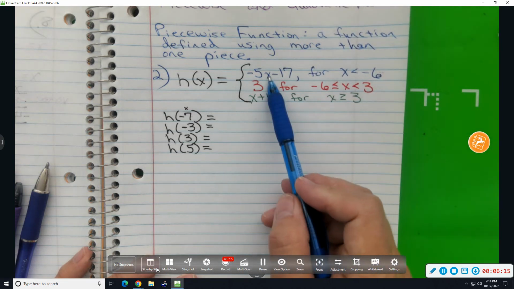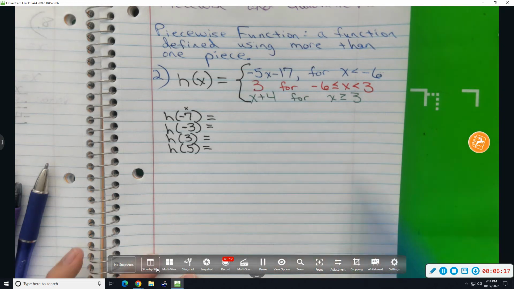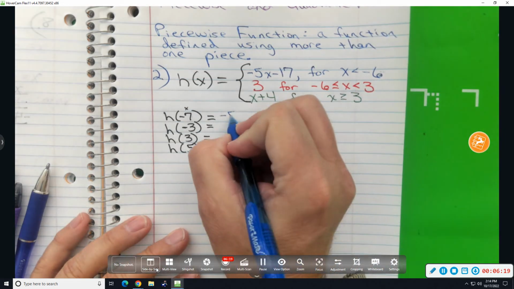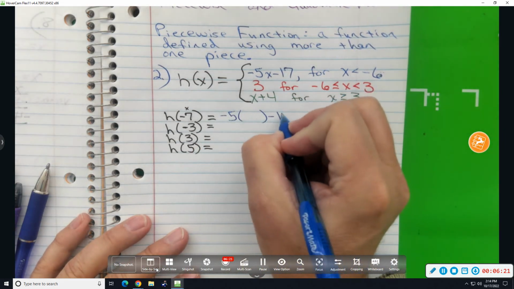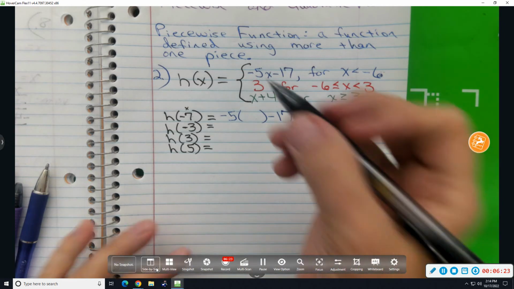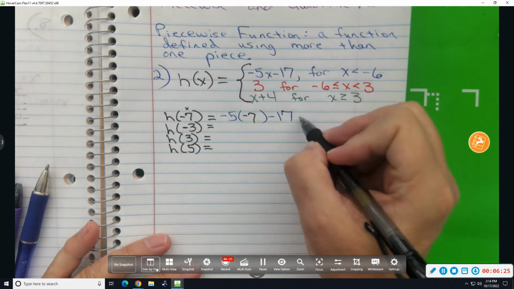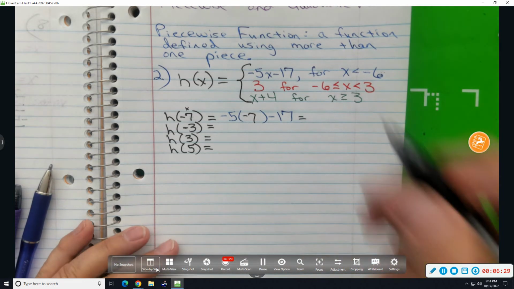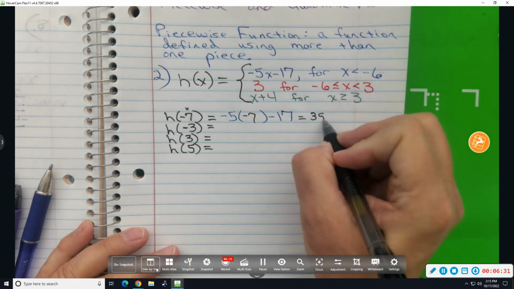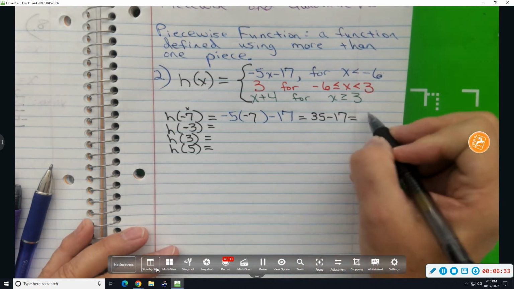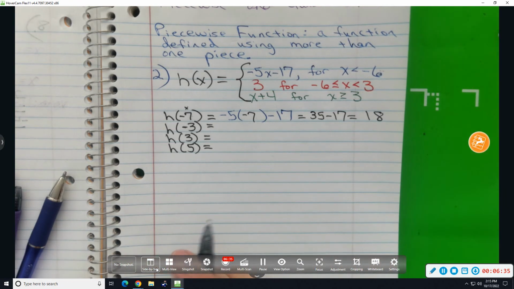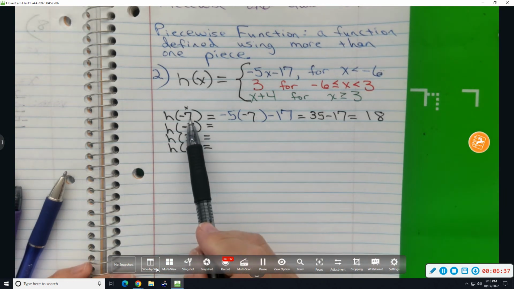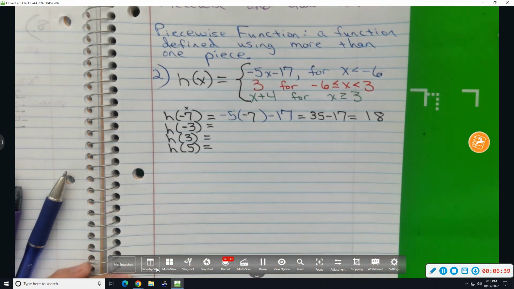So you plug the -7 into the blue piece. So you have -5 times -7 minus 17. -5 times -7 is a +35. Minus 17 gives us a y value of 18. So h of -7 is 18.